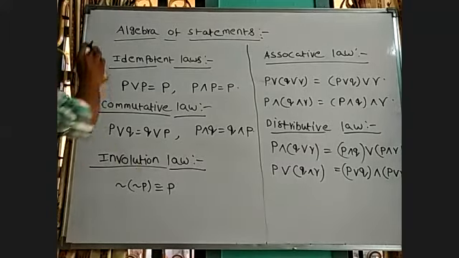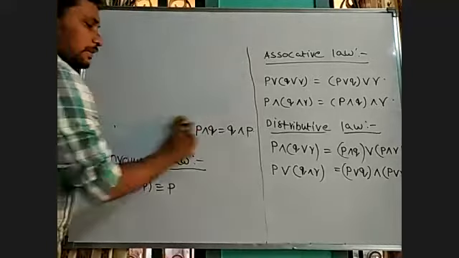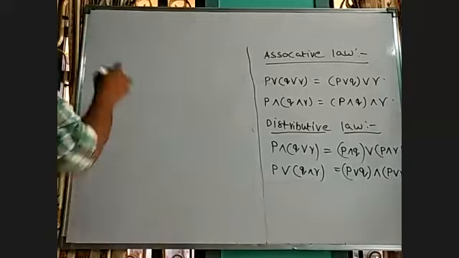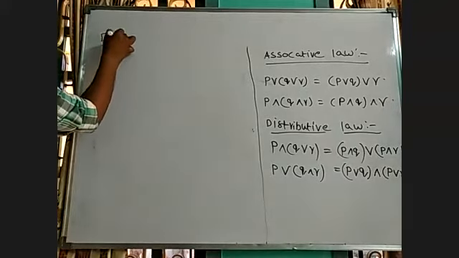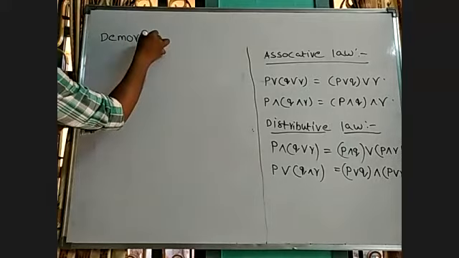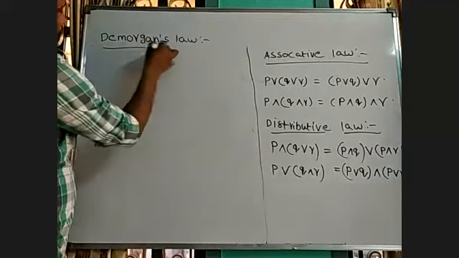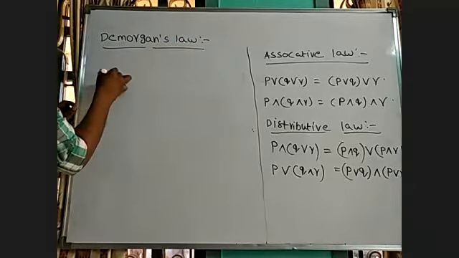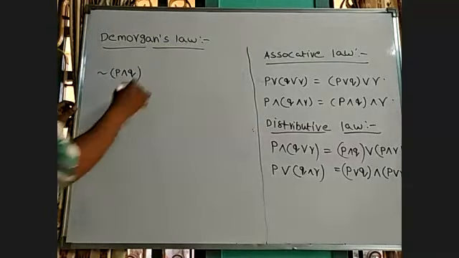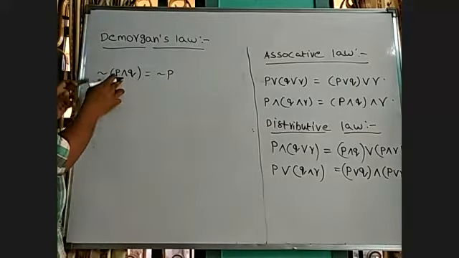Next one, see there, De Morgan's law. Negation of P ∧ Q equals negation of P, but this symbol will reverse now.